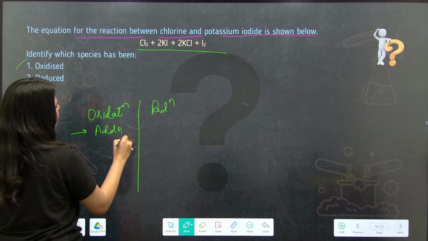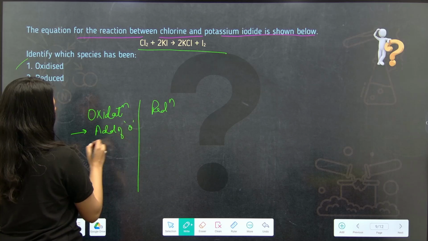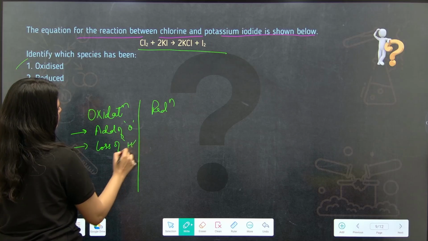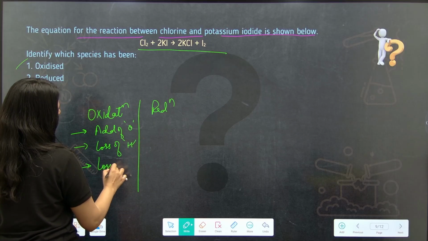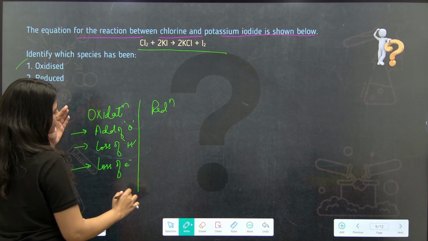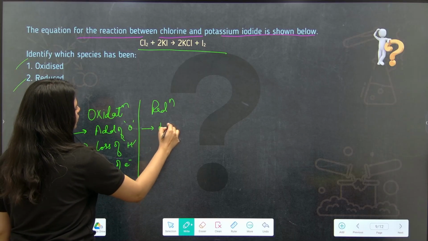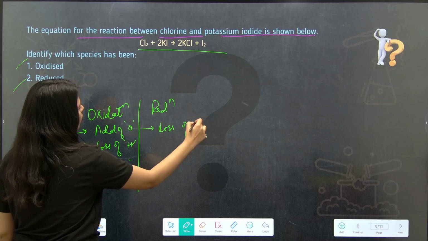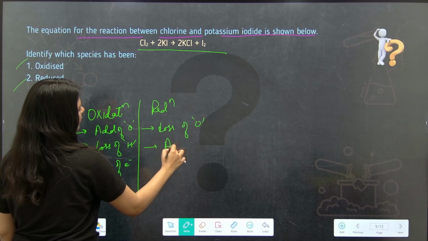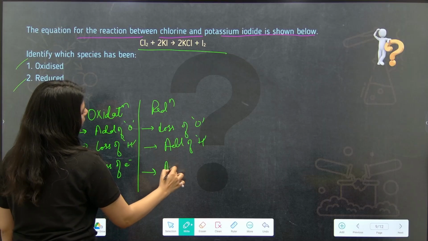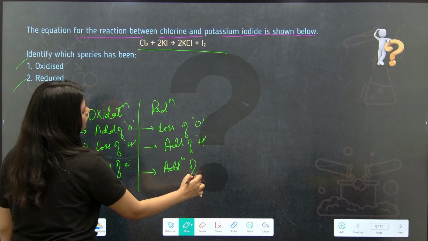Addition of oxygen or loss of hydrogen or loss of electron. In these three terms, we can understand oxidation. Then the opposite of this is loss of oxygen, addition of hydrogen and addition of electron.